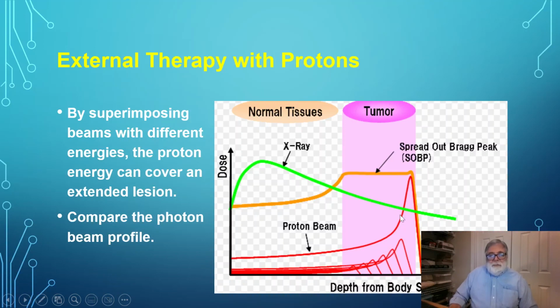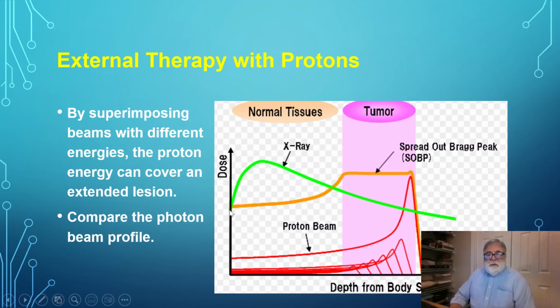If we add up all the energies from these low energy, medium energy, and high energy protons, it turns out the total dose can be spread out over the tumor, and the dose to this tumor can be much higher than the dose to the normal tissues nearby. If we had to use x-rays, then we would see a higher dose near the surface, and we would have to use our multi-beam techniques to reduce the dose away from the tumor.